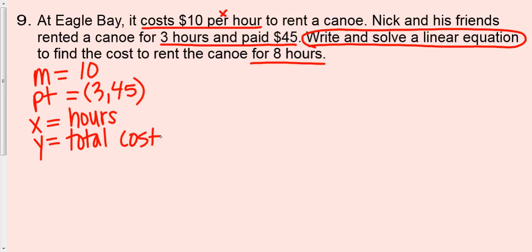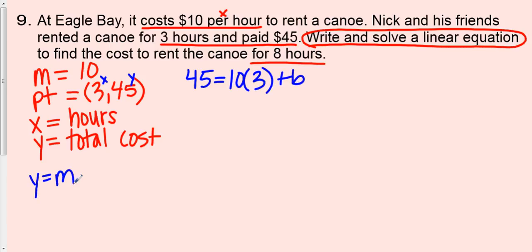The next thing I'm going to do is substitute all of this in and solve for b. When I do this, it will look like, remember, x, y: 45 is equal to 10 times 3 plus b. I did forget to mention I am using y equals mx plus b.